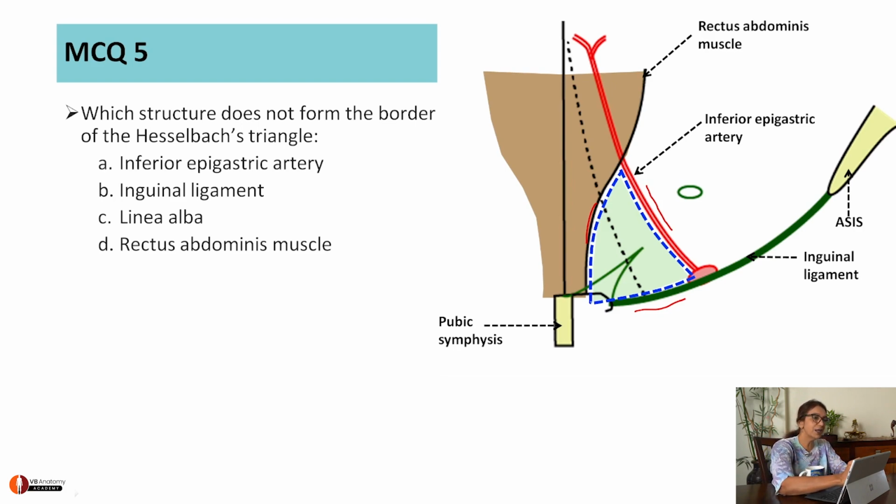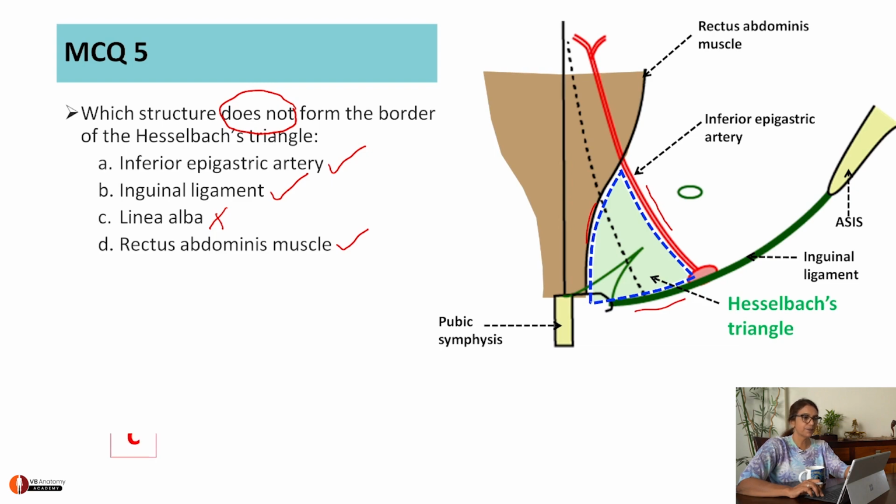You're looking for a does not option. Inferior epigastric artery forms a border, inguinal ligament forms a border, linea alba does not form a border, rectus abdominis forms a border. So C has to be the correct option.